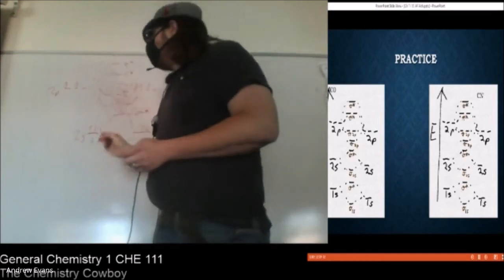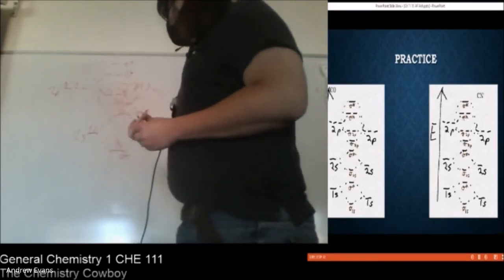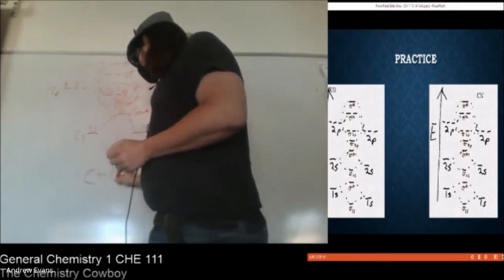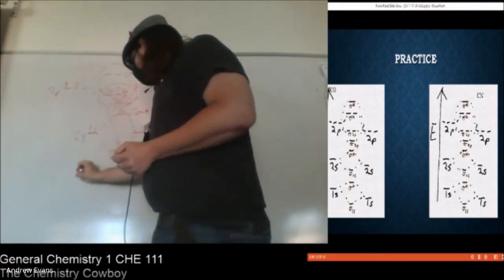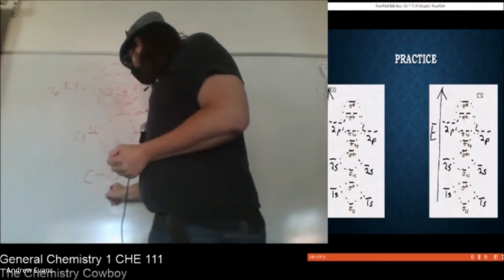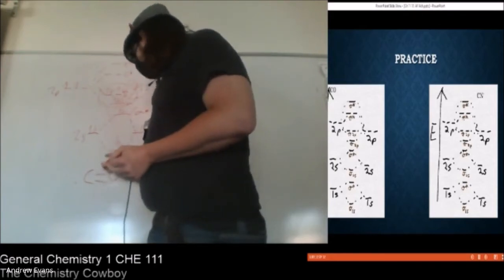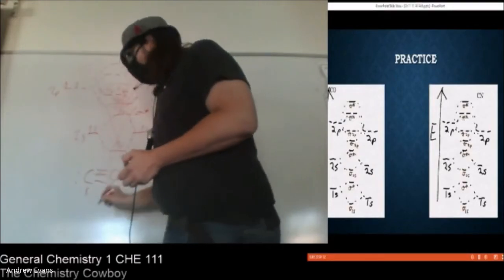There's no electrons in the anti-bonding. If you draw the Lewis structure, you would say 1, 2, 3, 4, 5, 6, 7, 8, 9, 10. And what would you have to do? You would have to erase a lone pair there, erase another lone pair. Now we have 8 and 8.